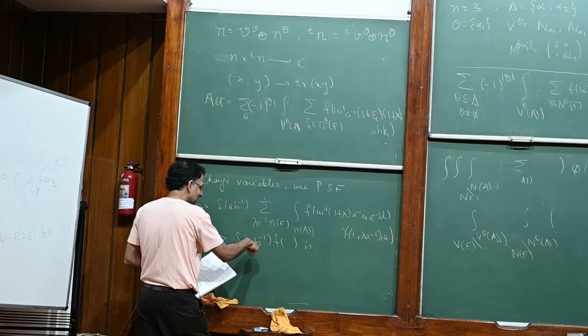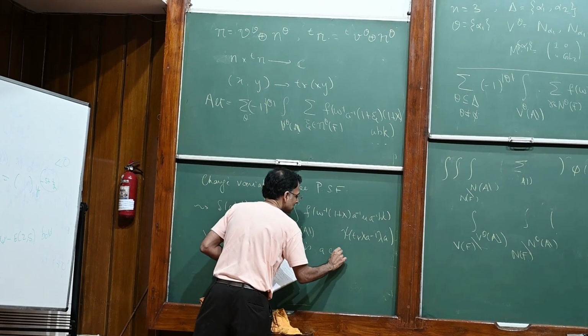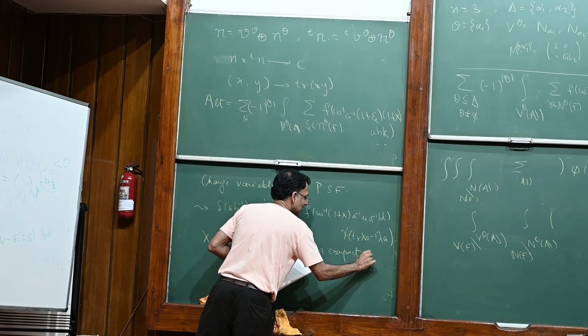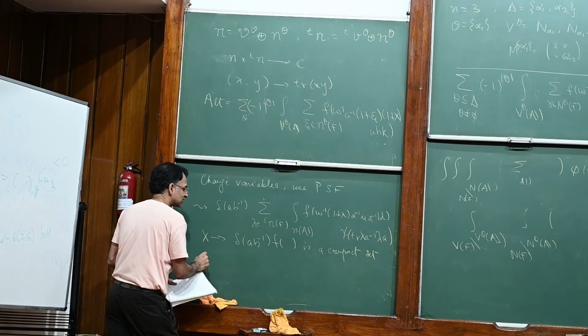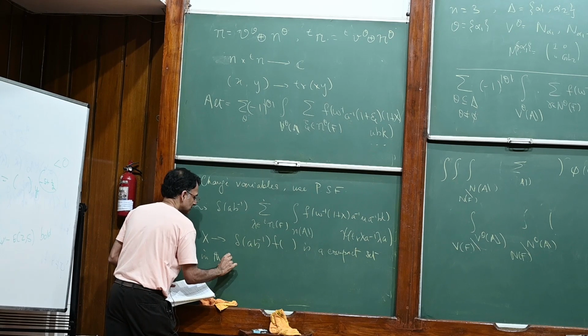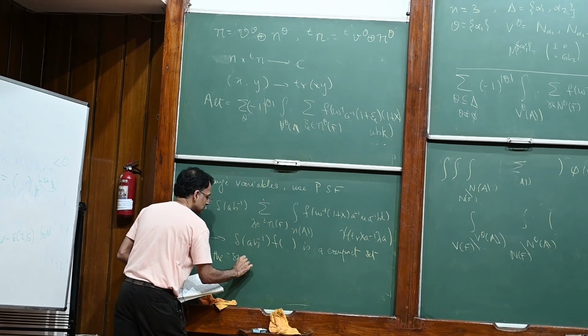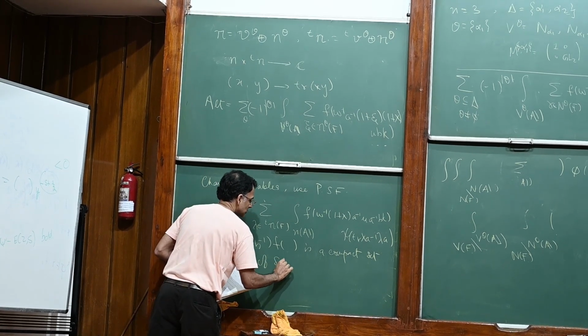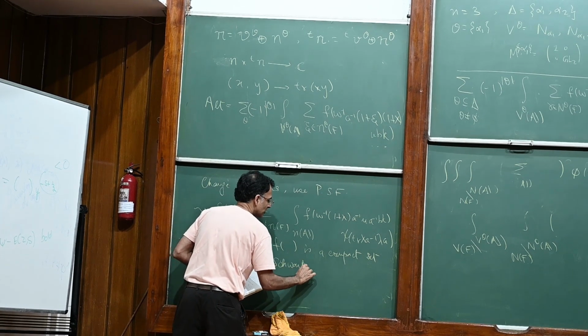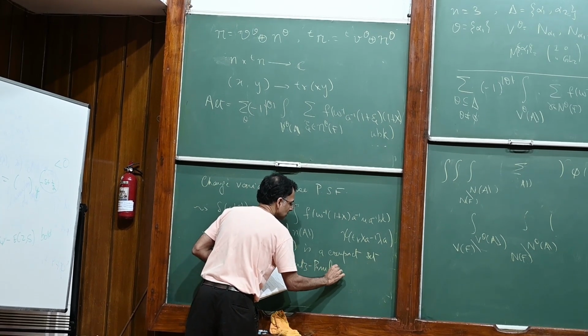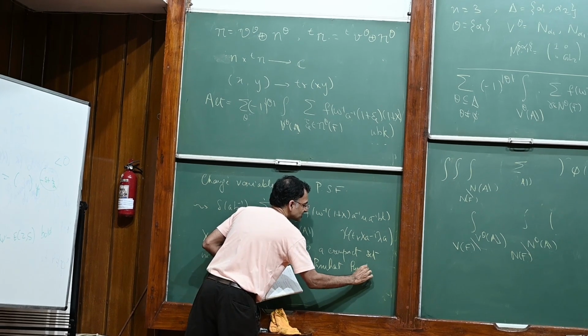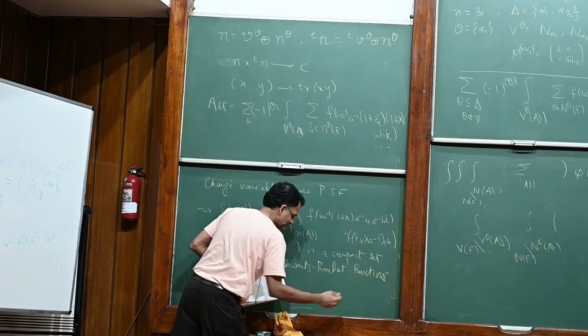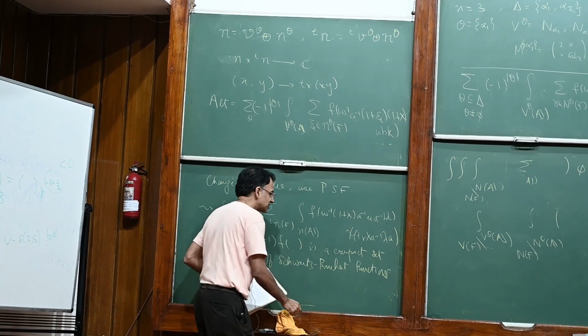So you take this family as these things vary, that's a compact set in the space of Schwartz-Bruhat functions. Schwartz-Bruhat functions are of course locally constant functions with compact support at the p-adic places, and otherwise Schwartz functions at the archimedean places.